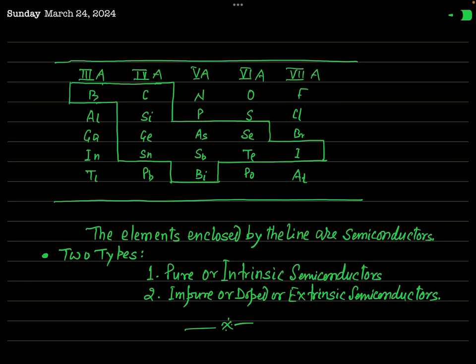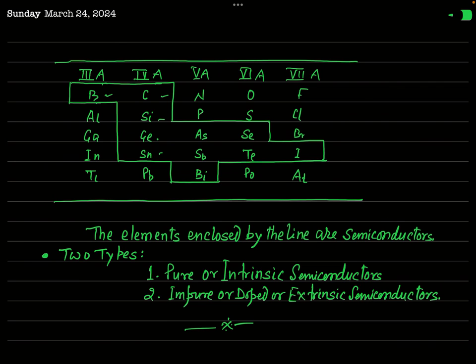In this table, you can see I have shown some of the elements of group 3A, 4A, 5A, 6A, and 7A. The elements which I have enclosed by these lines are boron, carbon, silicon, germanium, Sn, As, Sb, Se, Te, I, and Bi.